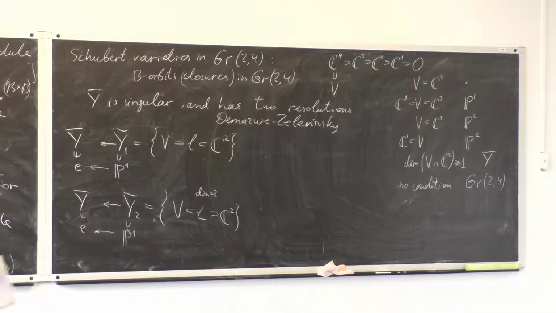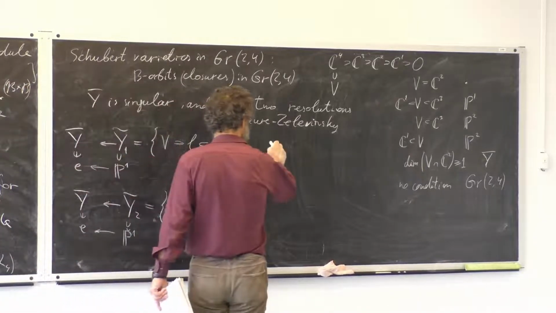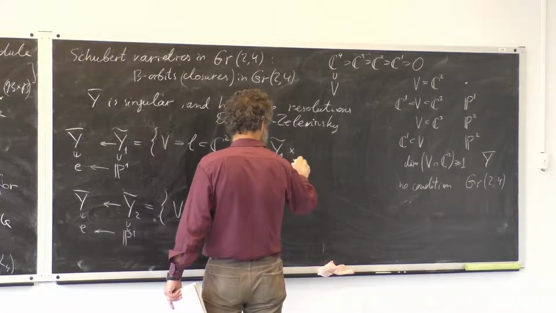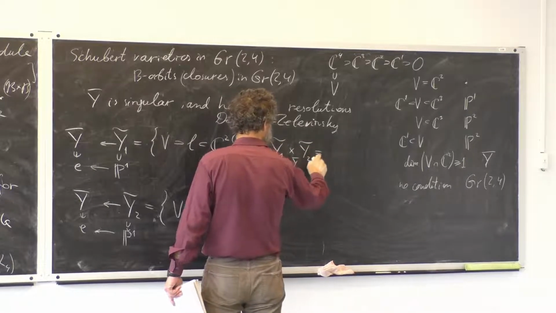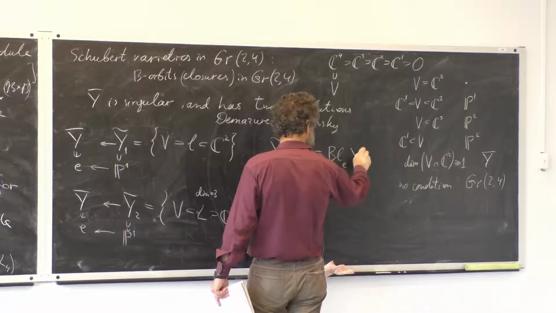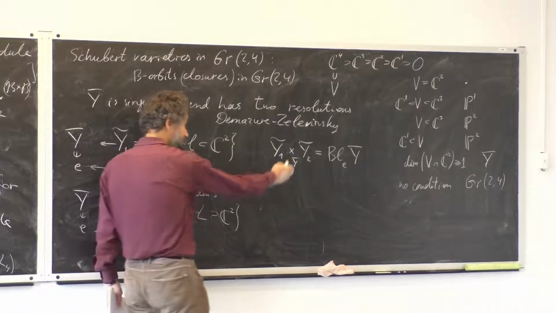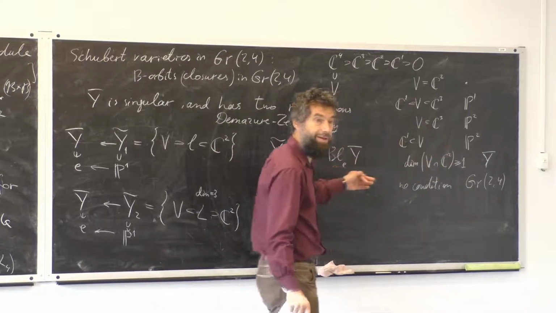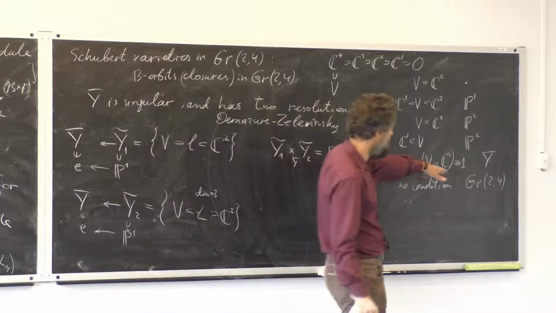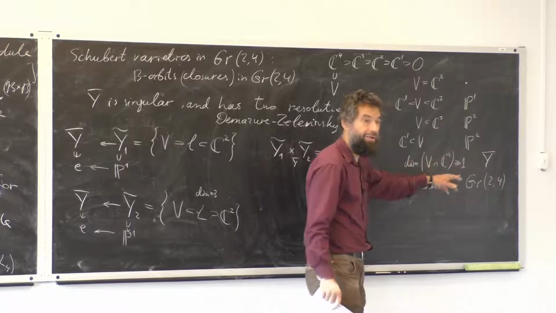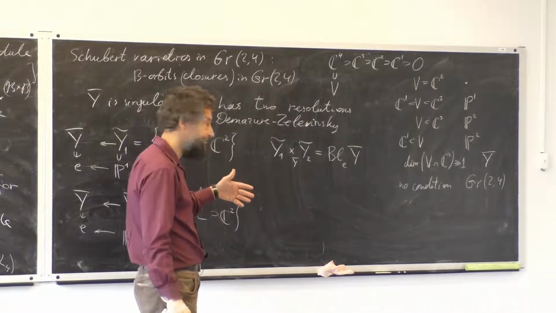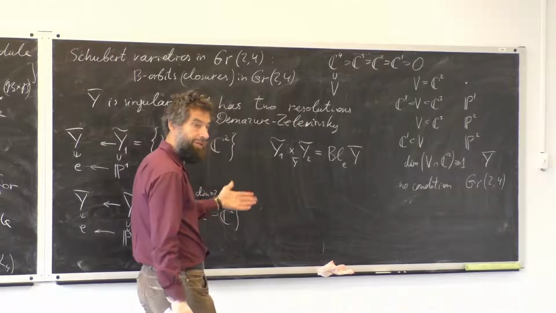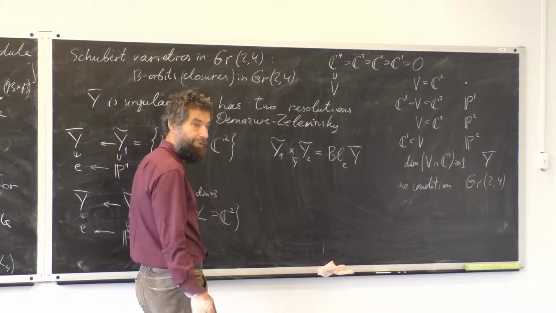Okay, and as Ivan suggested, you can take the Cartesian product, and this will be just the blow up at this point E of our singular Schubert variety, and in particular, if you use the Plücker embedding, you will see that this Y bar is a singular quadric, so when you blow it up, you glue in the projectivization of this singular quadric, which will be just two-dimensional projective quadric that is P1 times P1.